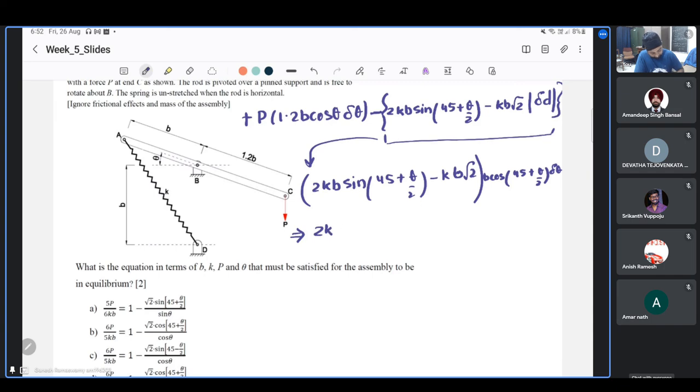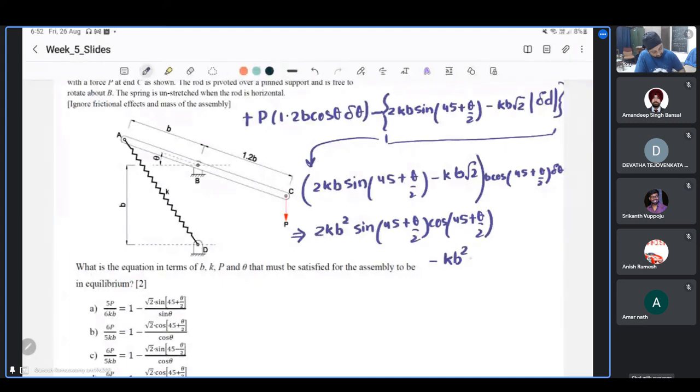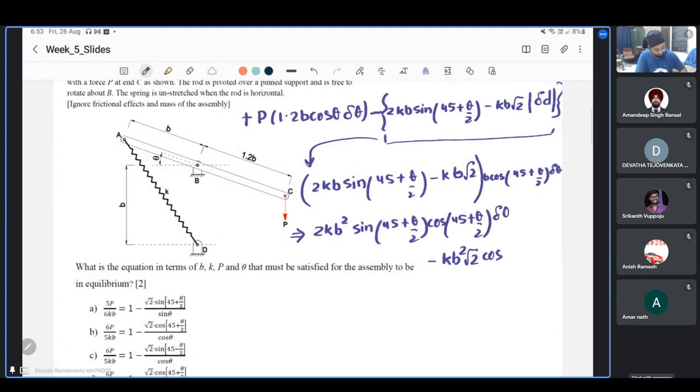2kb squared sine(45 + theta/2) cos(45 + theta/2), and then minus kb squared root 2 cos(45 + theta/2) delta theta.